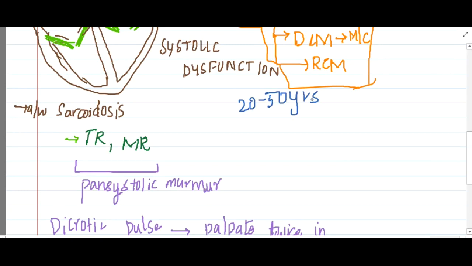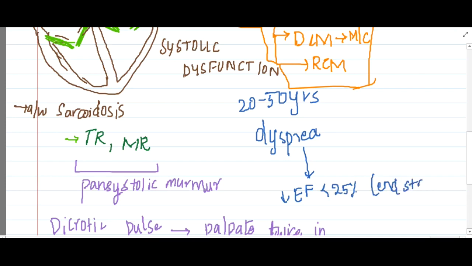Slowly progressive symptoms like dyspnea, fatigue and poor exercise capacity are seen, and in the end stage this leads to decreased ejection fraction, typically less than 25%. Here you will see mitral regurgitation and some clinical features of mitral regurgitation also.